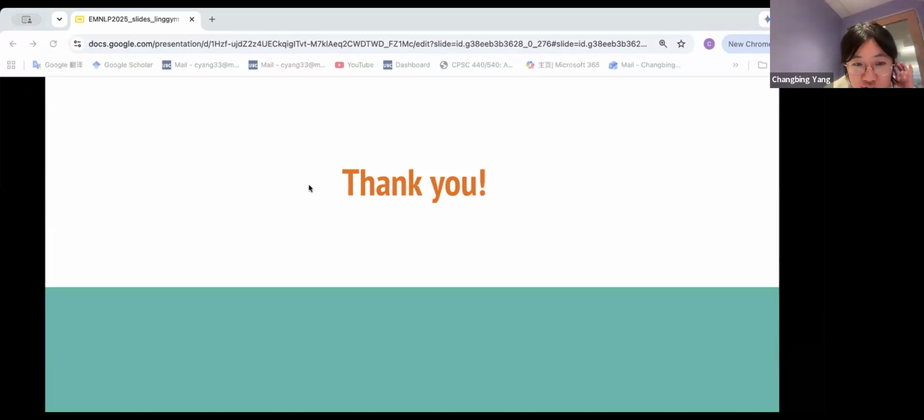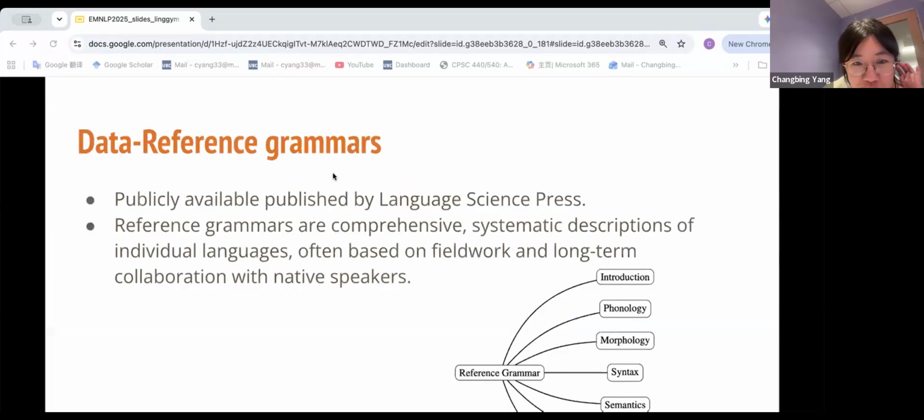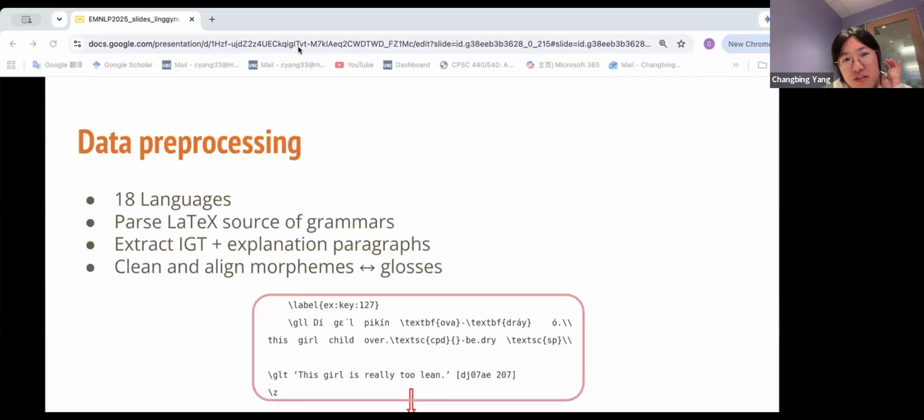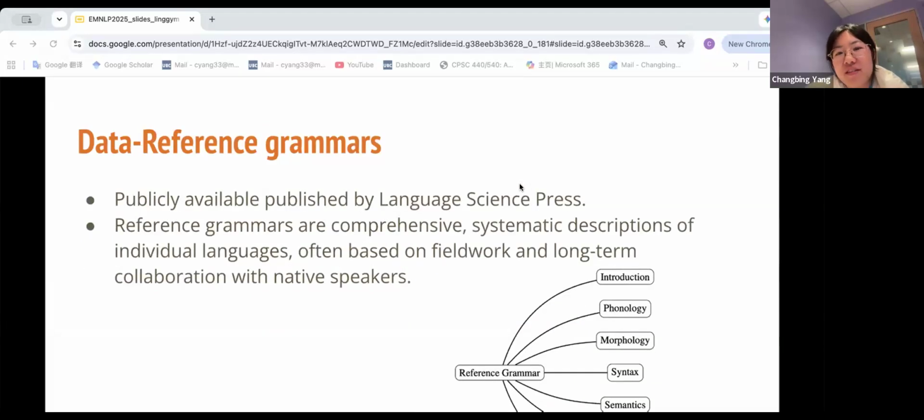Let me go back to the slide. The different languages we chose are based on the availability from the Language Science Press. I mean, the grammar books available there.